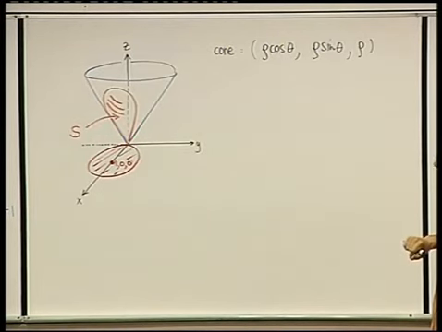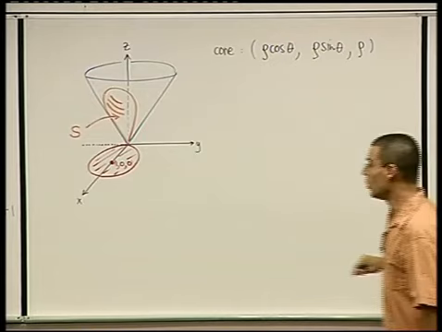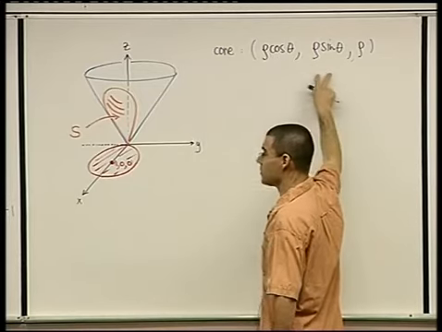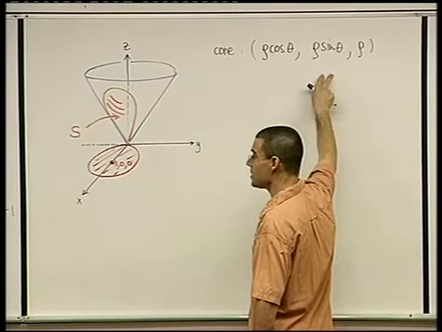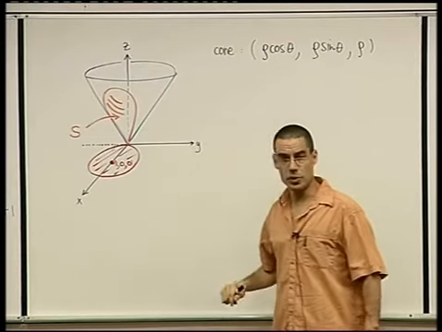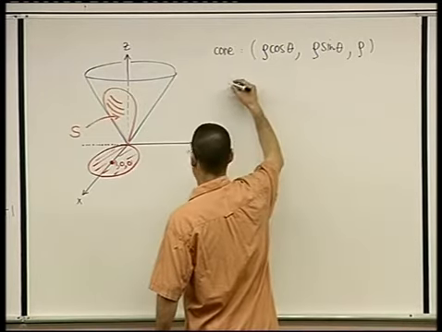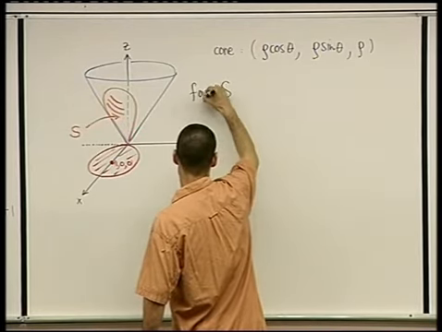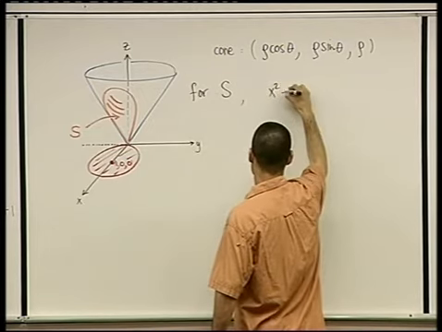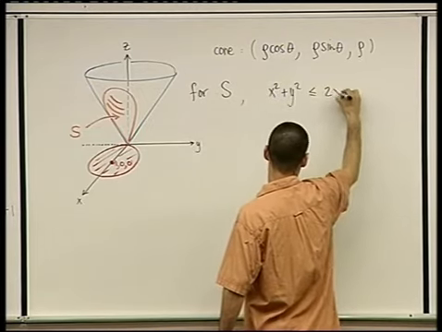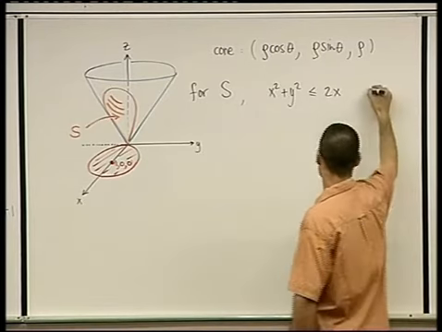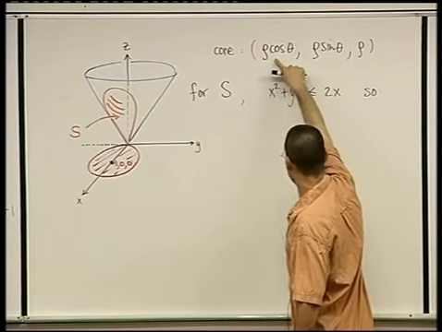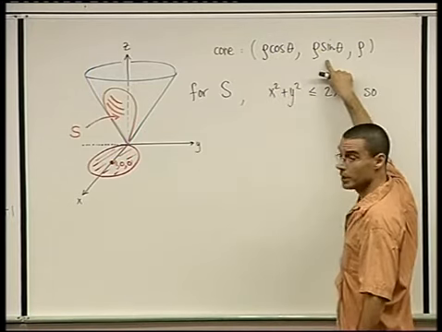But we don't want all of these. We want only that orange bit, only sitting above the circle. So the x and the y have to satisfy the equation of the circle, right? So for S, x² + y² ≤ 2x. So what is x² + y²? It's rho² cos² theta + rho² sin² theta.